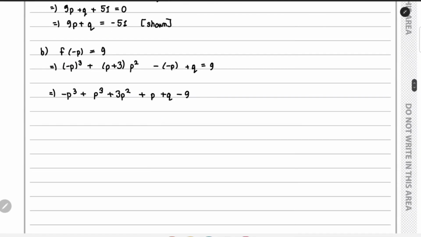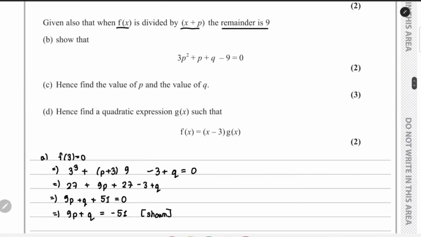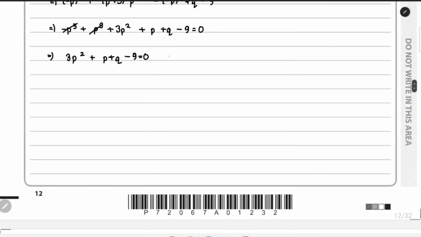We can move the 9 to the left. Minus p cube and plus p cube cancel out, we get 3p square plus p plus q minus 9 is equal to 0. This is what we had to show.